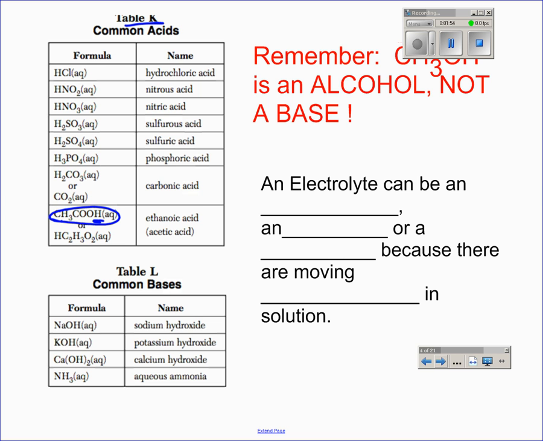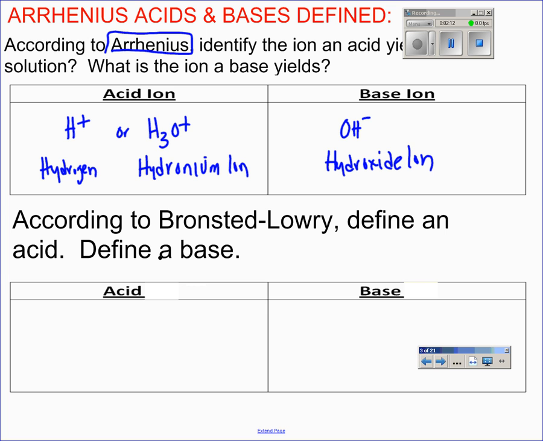Although notice that it can be written in two ways, with the H in front of the molecule or as COOH, like we discussed in class. If you were choosing a base, it generally has OH-. According to Arrhenius, it yields OH- in solution, or hydroxide in solution.